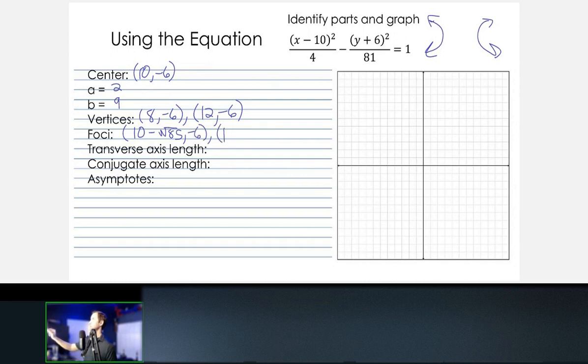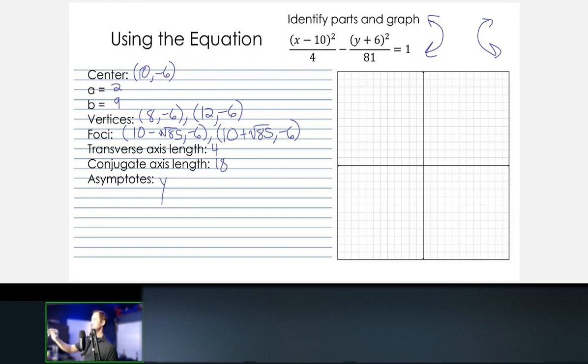And then we are traveling to the right, radical 85, comma negative 6. Transverse axis length, that's just going to be 4. And what's the conjugate axis length? 18, right? Yeah, we just double it.